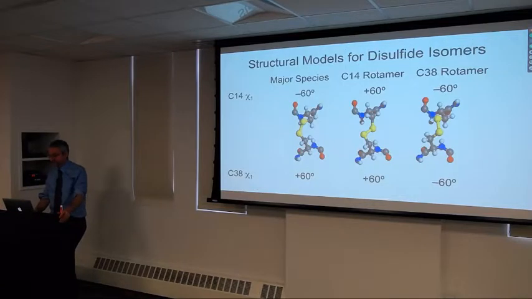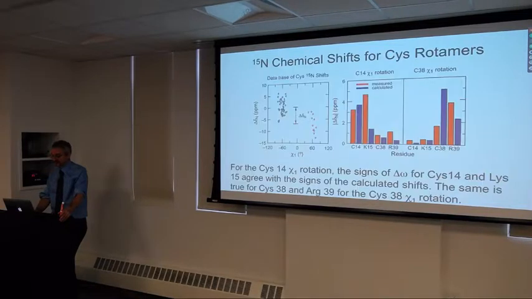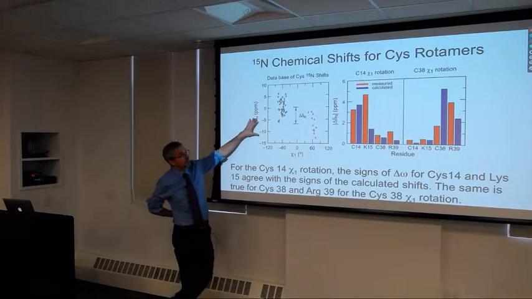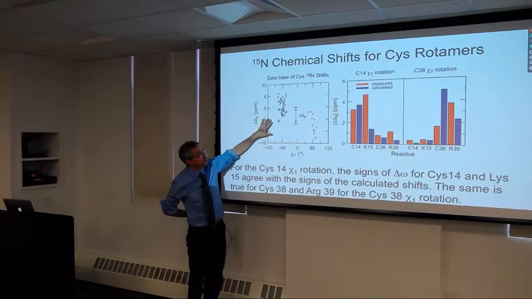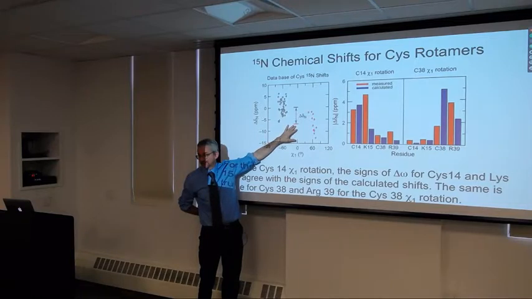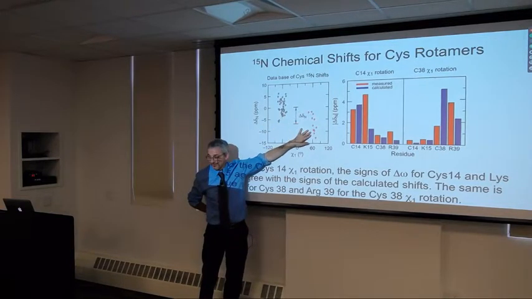And here we did it back in the early days. We had 3 different models. We thought this was disulfide isomerization. We built some models of the different disulfide isomers. We looked in the database of chemical shifts in BMRB and saw that there was a large dependence on the nitrogen chemical shift depending on the rotamer of the chi-1 angle for a cysteine.